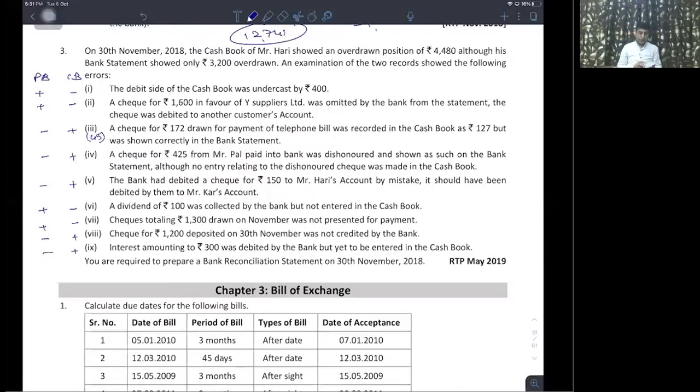But if overdraft as per passbook is the starting point, that is 3,200 plus 400 plus 1600 minus 45 minus 425 minus 150 plus 100 plus 1,300 minus 1,200 minus 300, that is 4,480 as the overdraft as per cash book. I'm just repeating this for last, fourth and fifth point.